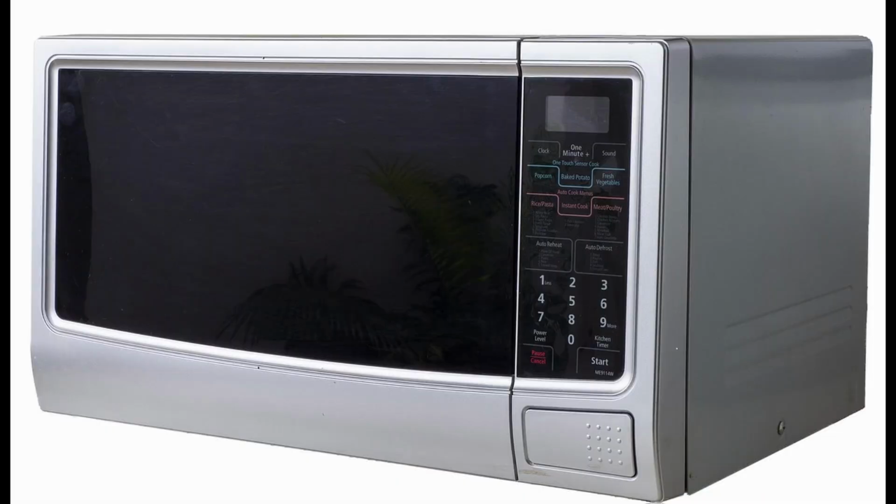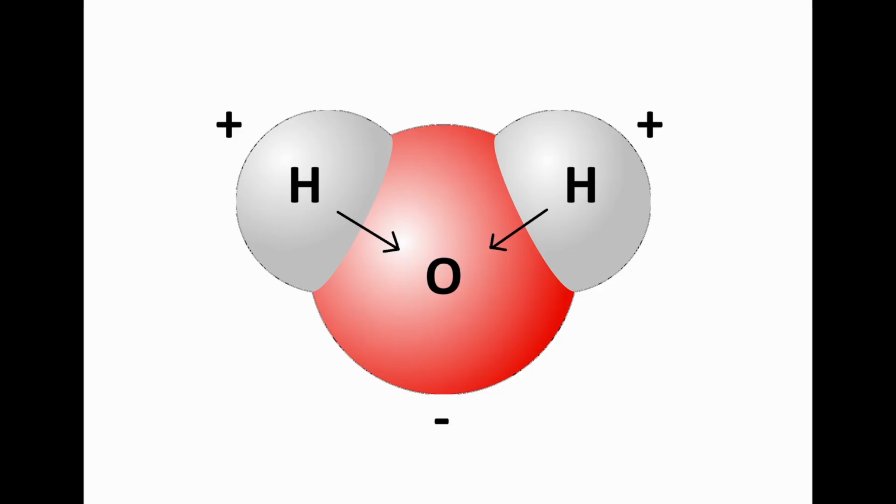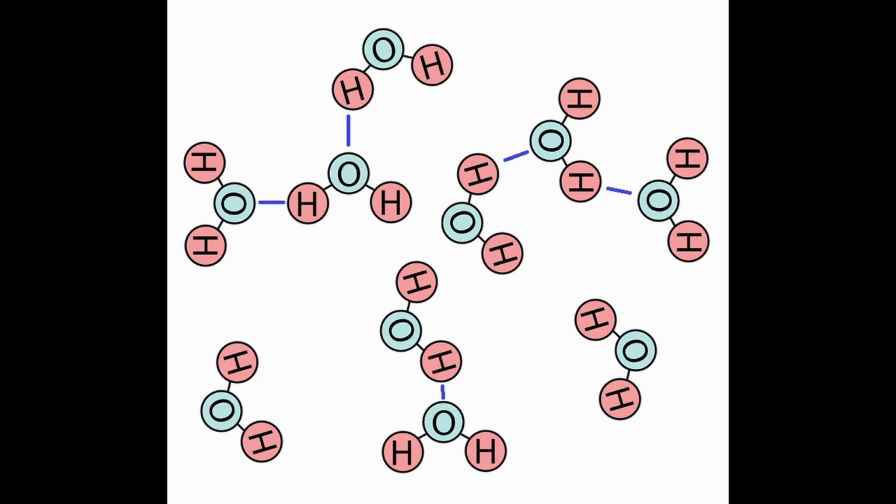Let's look at an example of the application of electric fields for useful work, such as microwave cooking. Water molecules are naturally polarized, meaning that they have unequal charge distributions, where one side is more positive and the other is more negative. This makes water molecules very sticky, and they tend to group themselves together in pairs or triples because of that electrical attraction.